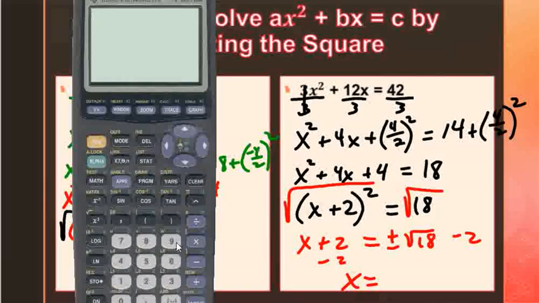So now I have a negative 2 plus square root of 18. That gives me an answer of 2.24264. So remember, if they don't tell you what to round it to, round to 3 decimal places.